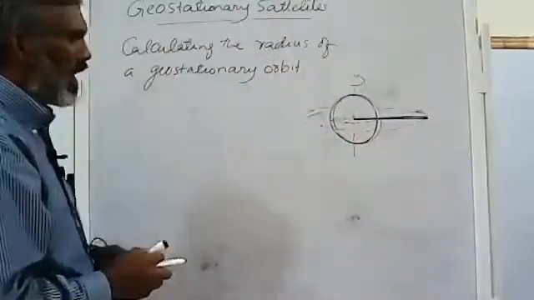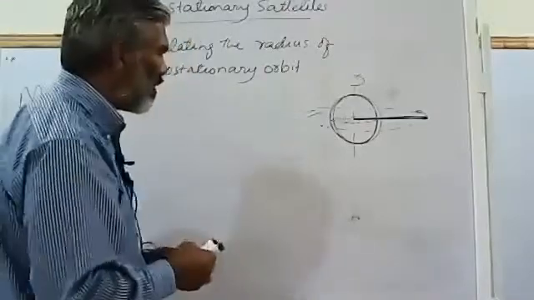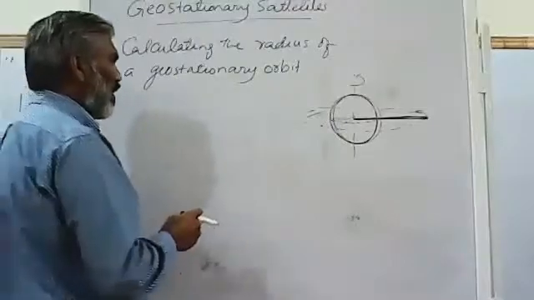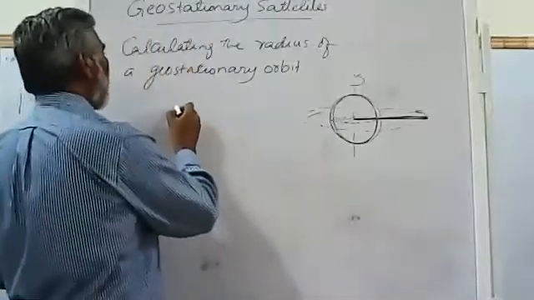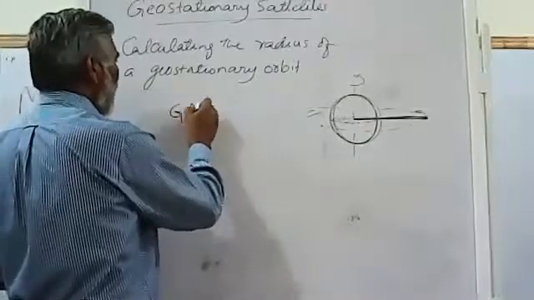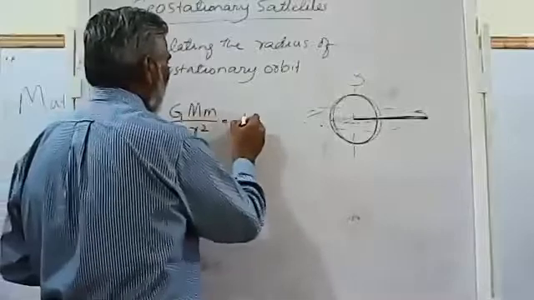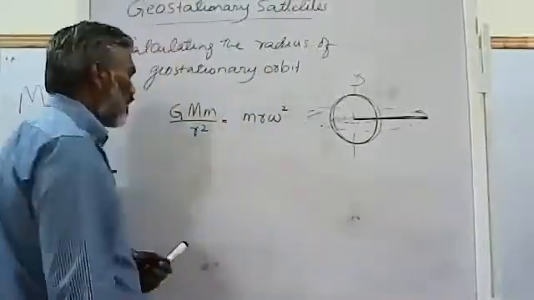And for this I go back to our initial equation that we used to derive various expressions, that was GMm over R square is equal to mR omega square.